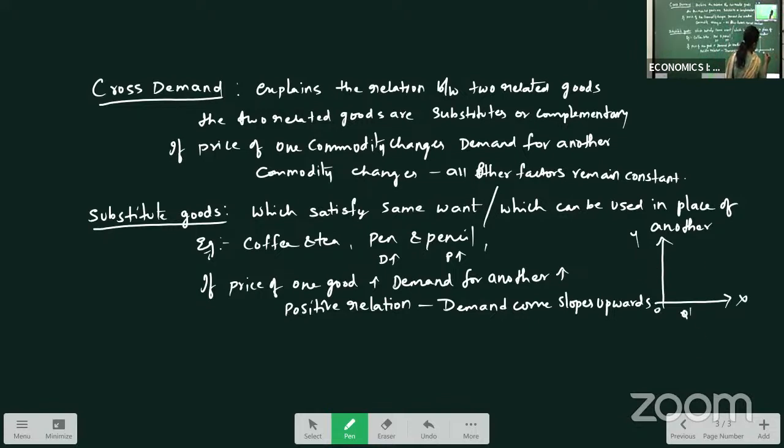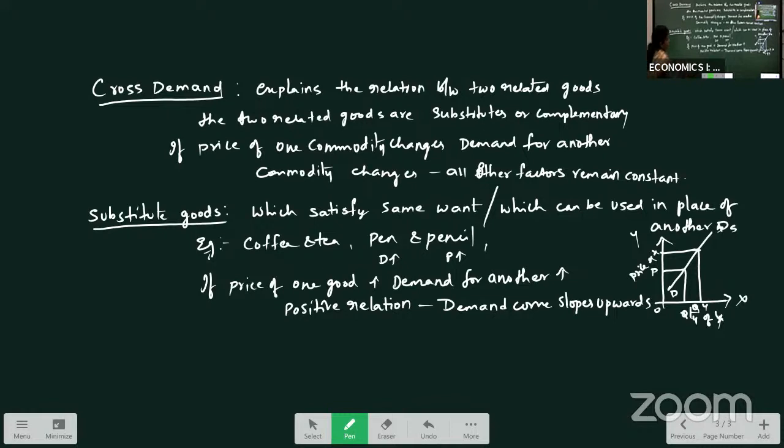Here, we can take quantity of X, price of X and quantity of Y. If price of X increases, OP is the price, OQ is the quantity, demand for Y also increases. So there is an upward sloping demand curve for substitutes. So for substitutes, what relation? Positive relation. How will the demand curve be in case of substitute goods? It slopes upward. Okay.